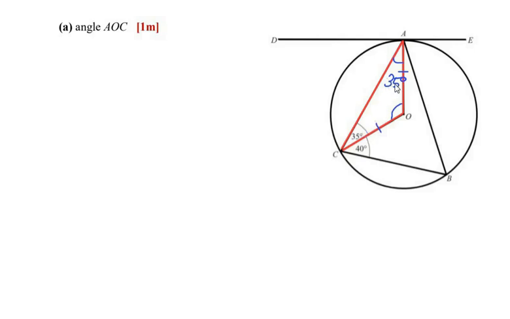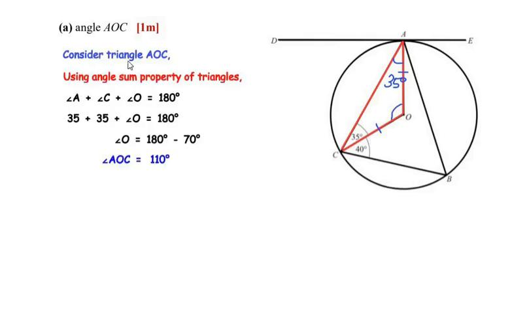Now once we have got two angles of this triangle, let us use the angle sum property of a triangle to find out the angle AOC. So here we have written, consider the triangle AOC, and using the angle sum property of triangles, angle A plus angle C plus angle O is equal to 180. Now we have the values of angle A and angle C with us.